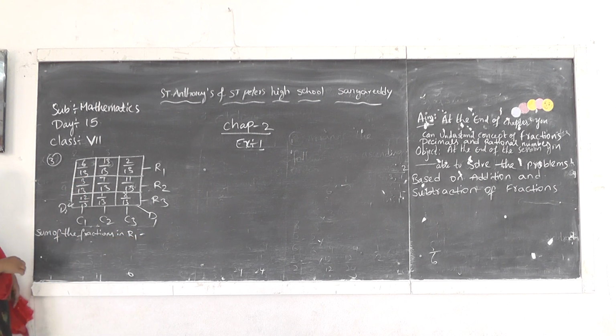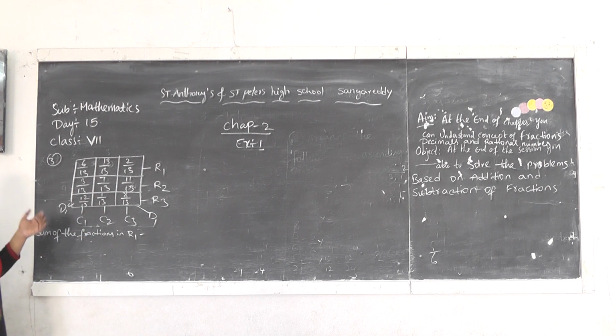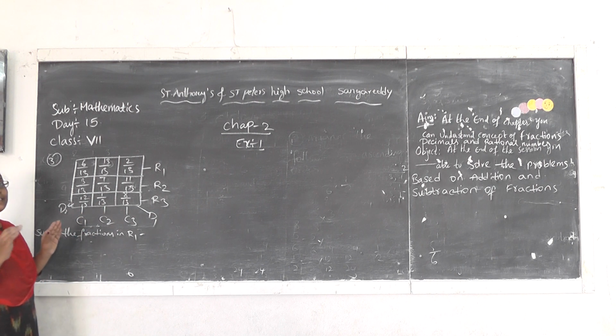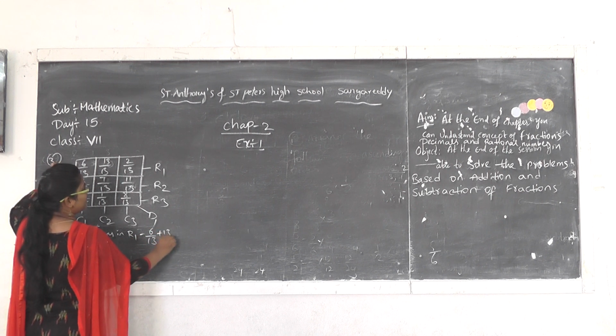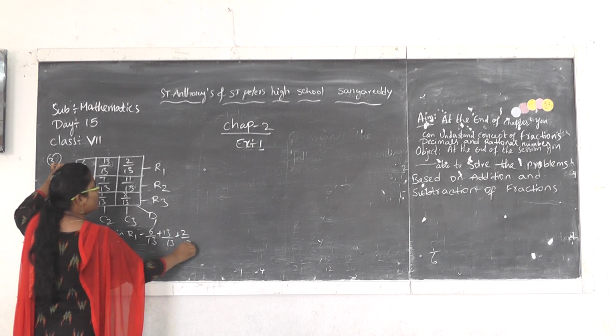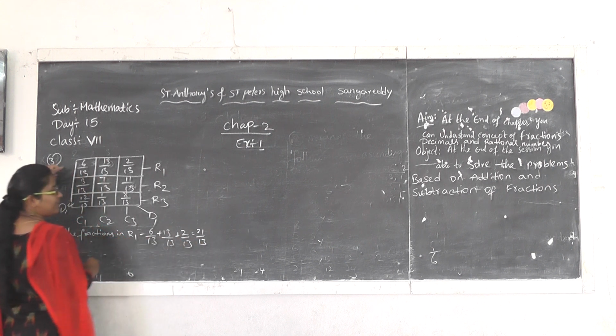So we have to add. Since all are like fractions, no need to convert anything else. We directly add the numerators, 6 by 13 plus 13 by 13 plus 2 by 13. Okay, 6 plus 13 is 19, plus 2, 21 by 13.